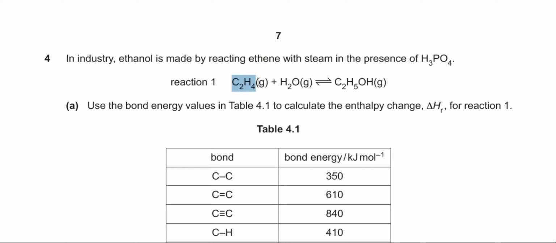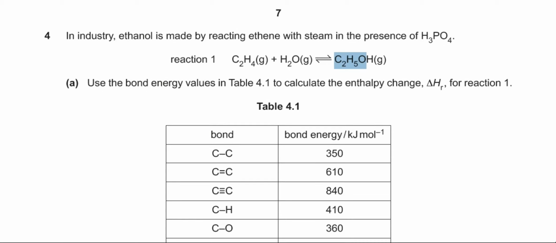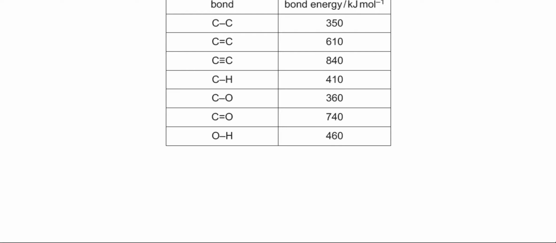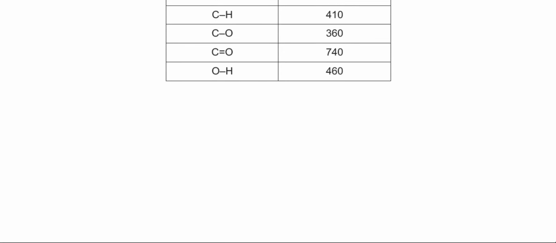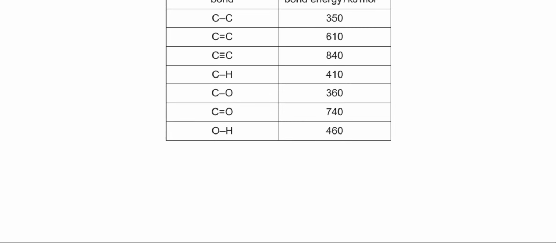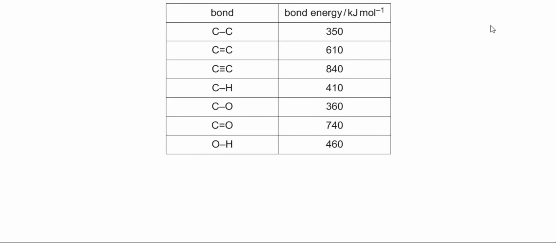So the ethene and the steam, or the water you can say, both act as reactants in reaction 1, whereas the ethanol is the product. So let's calculate. First of all, remember what the formula is. What is the formula to calculate the enthalpy change in this part?